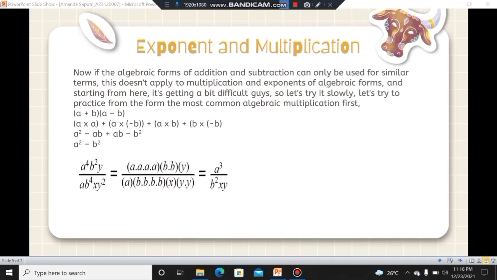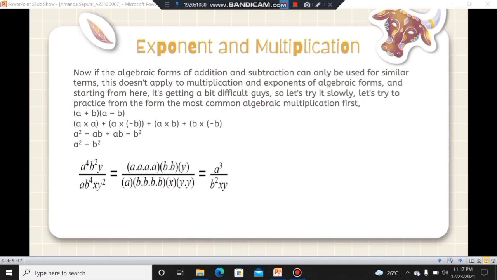First, a is multiplied by a, then added to a multiplied by negative b, then added to a multiplied by b, and then added to b multiplied by negative b. After the expansion is complete, we just multiply.